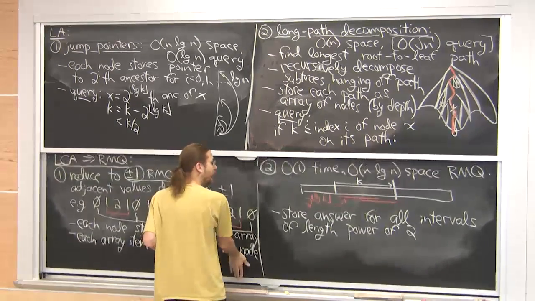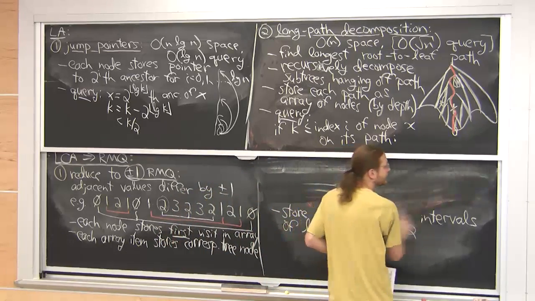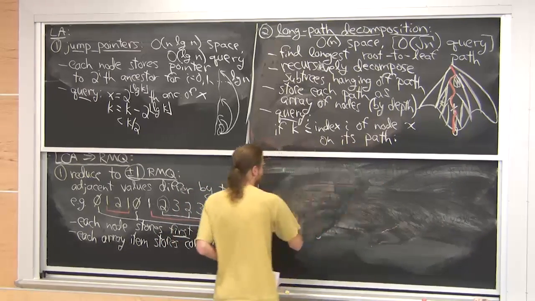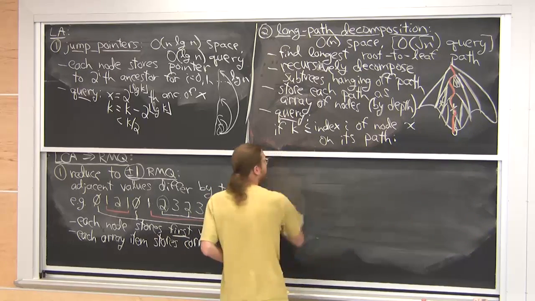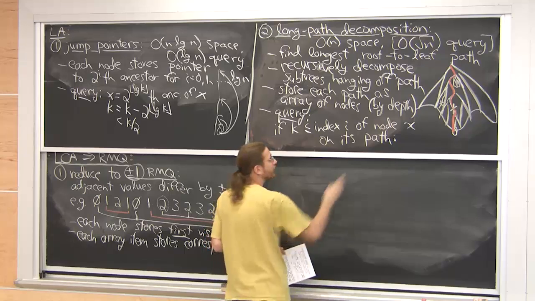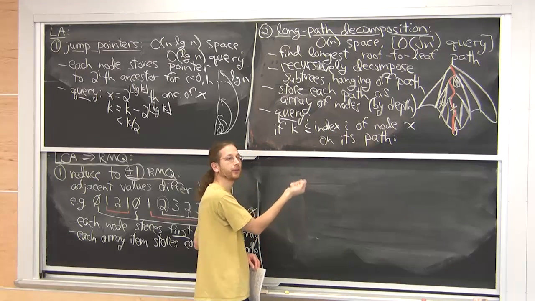This is a path decomposition. It's a partition of the tree into paths. Not all the edges are represented, but all the nodes are there. All the nodes belong to some path. And we're going to store, for every node, what its index is and where it lives in its array.